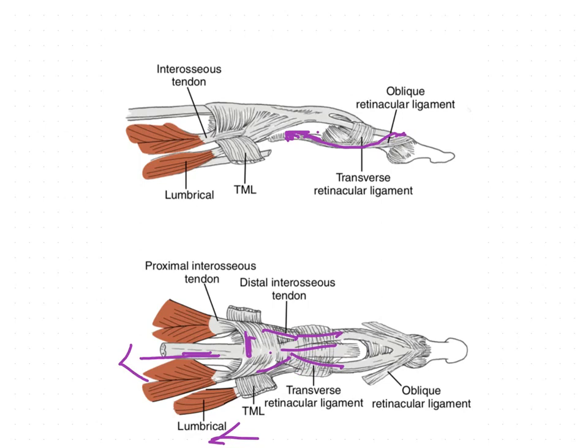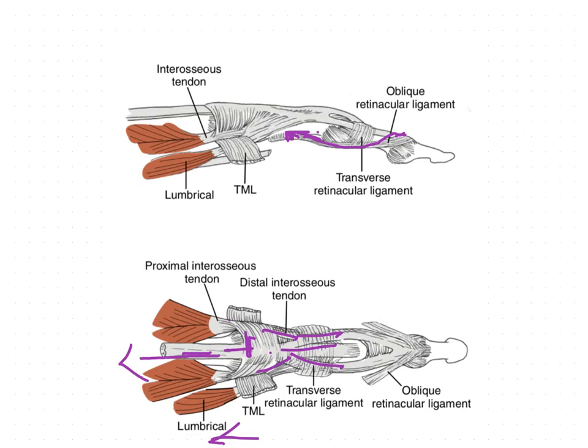The extensor digitorum, the structural base of the extensor mechanism, and the interossei and lumbrical muscles that have attachment to the head as well as the lateral bands are each capable of producing at least some tension in the central tendon and lateral bands, because of their attachments to these bands.